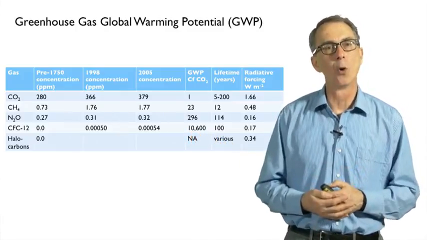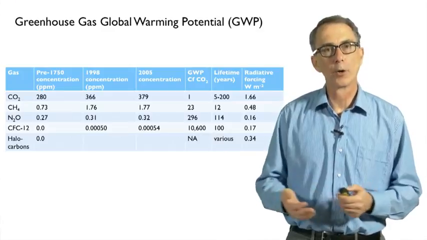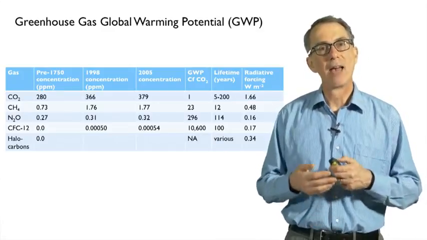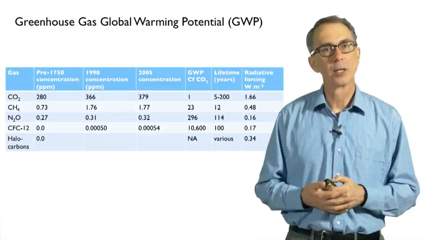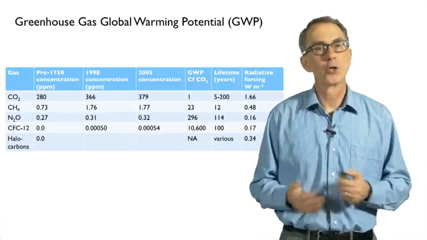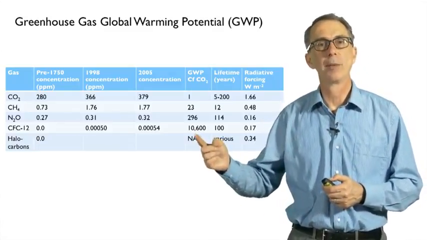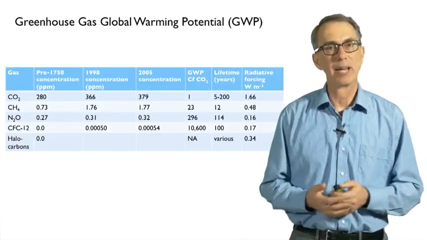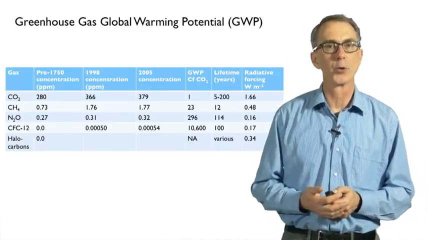So adding more chlorofluorocarbons would have a substantial warming influence. But fortunately, controls have been put on the use of chlorofluorocarbons, not because of global warming, but in fact because they also were important for ozone depletion.